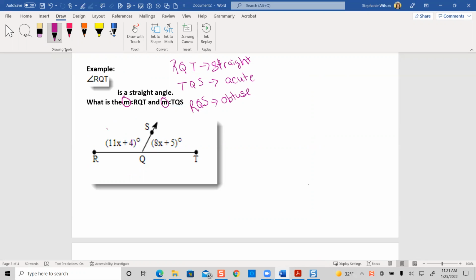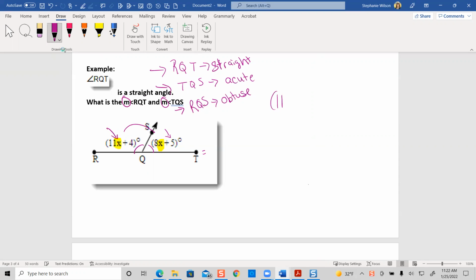But we asked for the measurements, so let's find the measurements. We are given a degree expression for this point and another for this point. But if you notice, they both have x in them, and that's a variable, so we don't know what it is. We have to solve for it to answer what each of these are. So if I add up these two angles, they should equal this straight line.